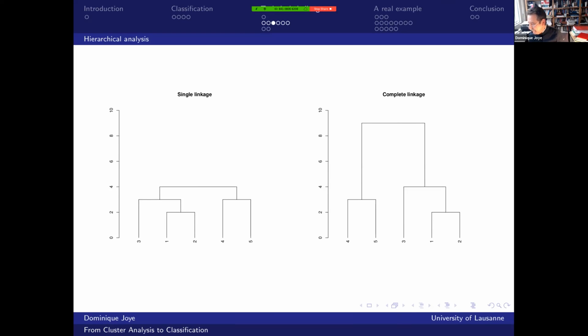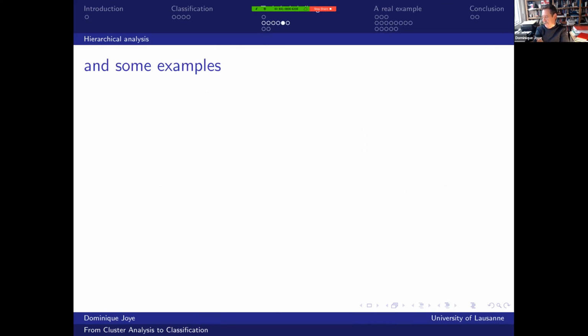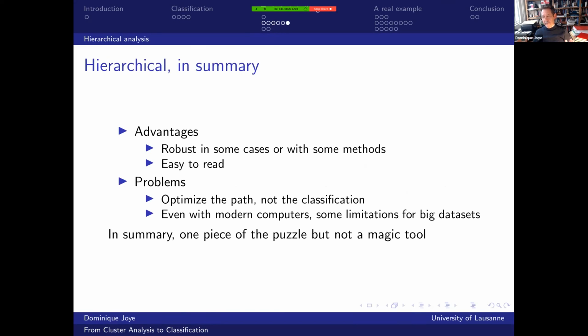So that means that the hierarchical analysis, all this analysis that goes from all isolated to one together, are called hierarchical analysis, which do these beautiful trees that you have seen in a lot of publications. In fact, they are very good with a sensibility to the structure of the data. They are easy to read, but they optimize the path, not the classification.